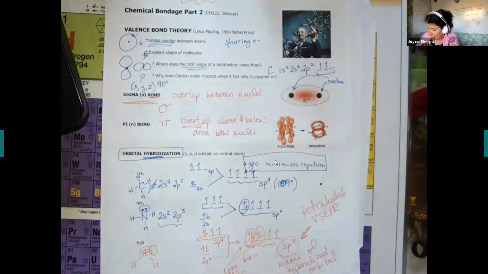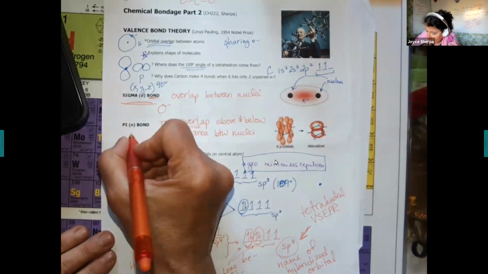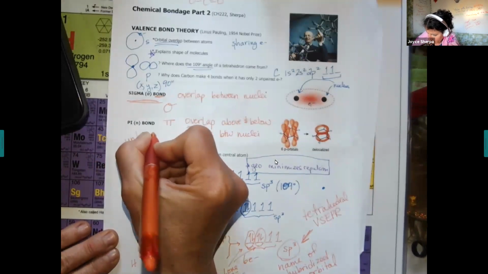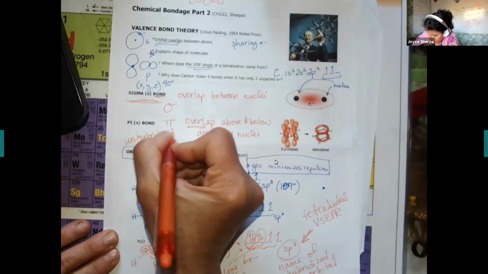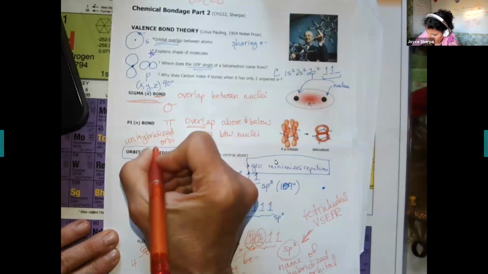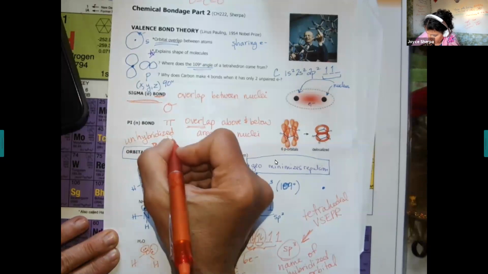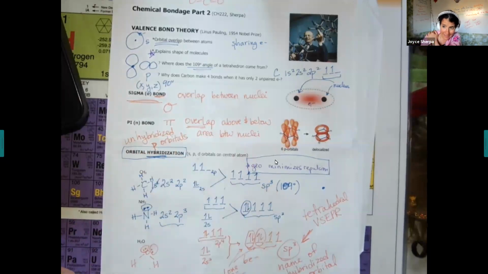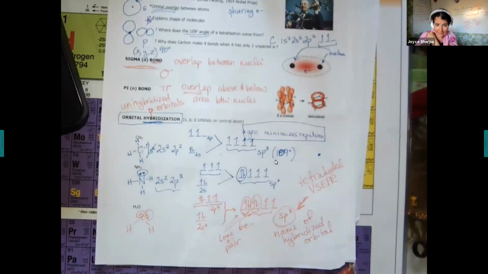It is also unhybridized orbitals. Sorry, unhybridized p orbitals. That's why they called it pi, because it's a p orbital that did not make the cut here. And yeah, we're going to see that on the next page.